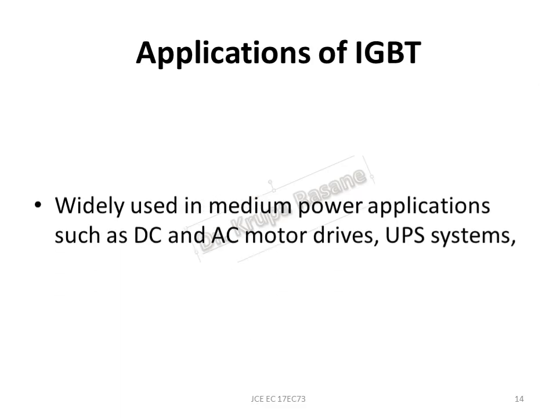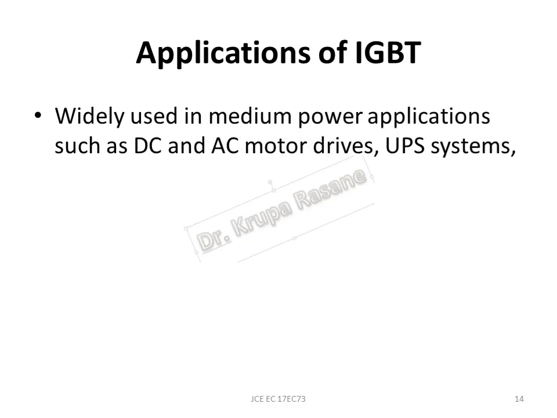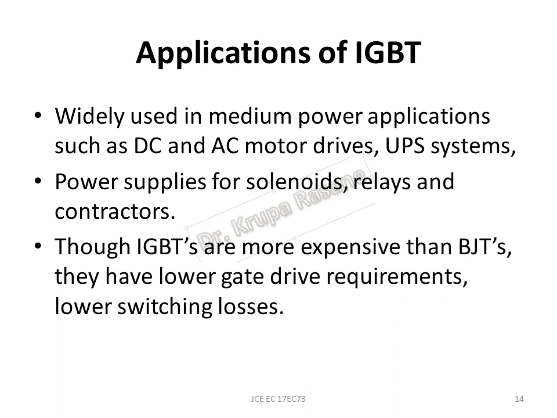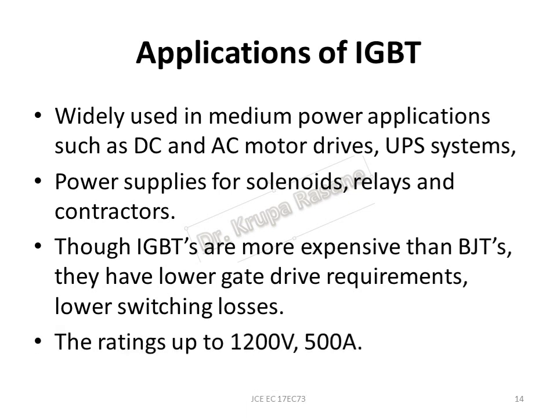But specifically, IGBTs are widely used in medium power applications such as DC and AC motor drives and UPS systems, and power supplies for solenoids, relays, and contactors. Then also IGBTs are more expensive than BJTs, and they have lower gate requirements and lower switching losses. The ratings are up to 1200 volts and 500 amperes.